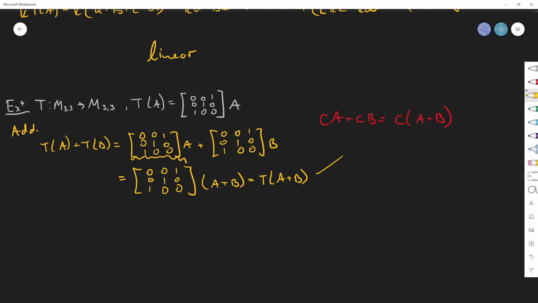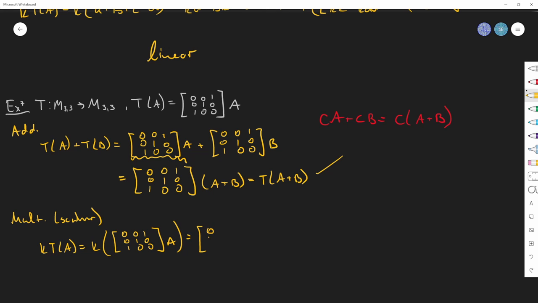So now let's move on with the multiplication. Scalar version. So let's get K again, and then T of A. And we know T of A is going to be equal to 0 0 1 0 1 0 1 0 0 multiplied by A, because K, that is supposed to be a closed parentheses, not a bracket, because K is a scalar.